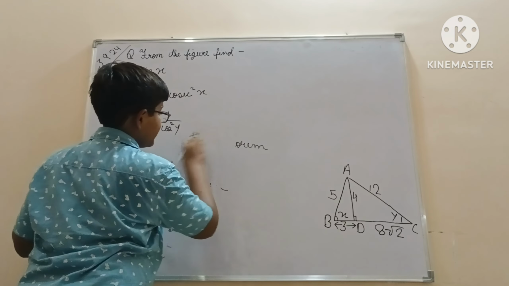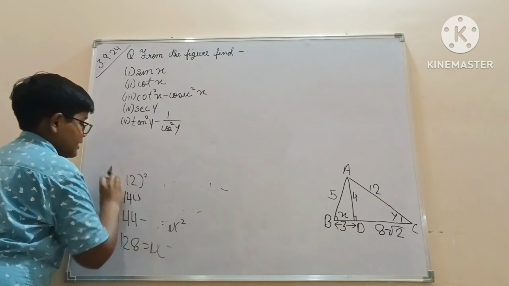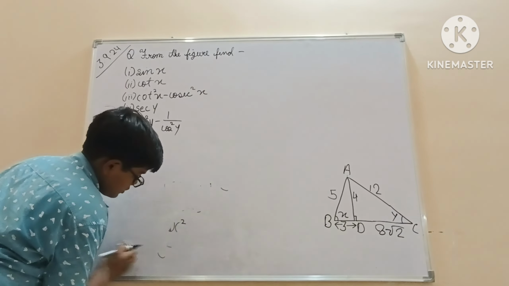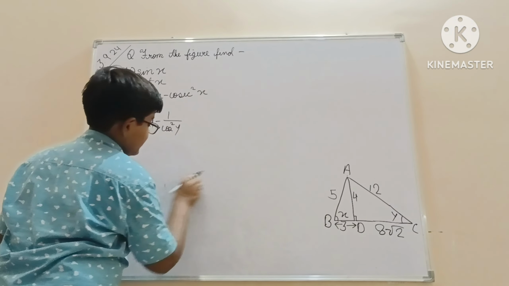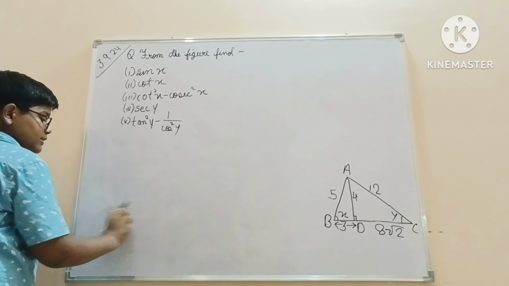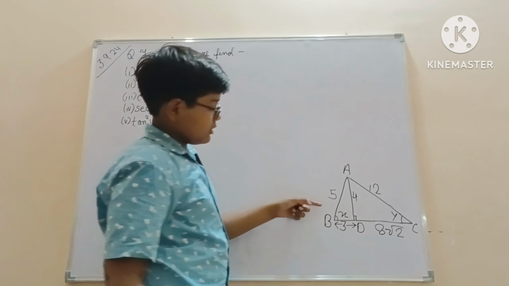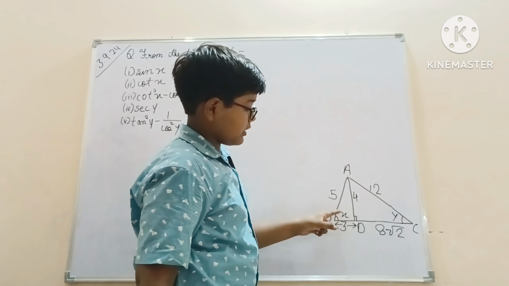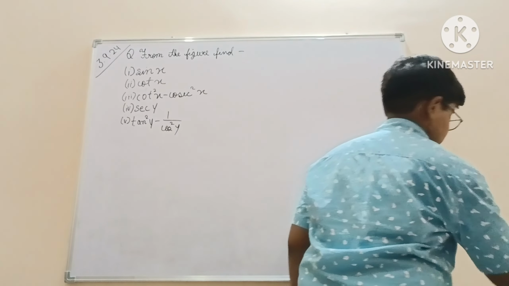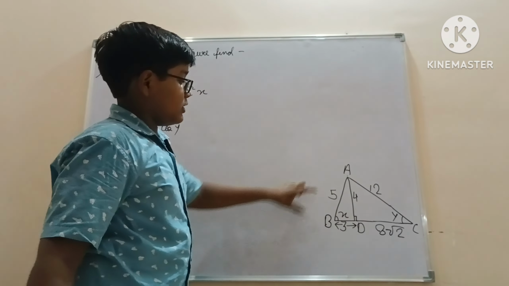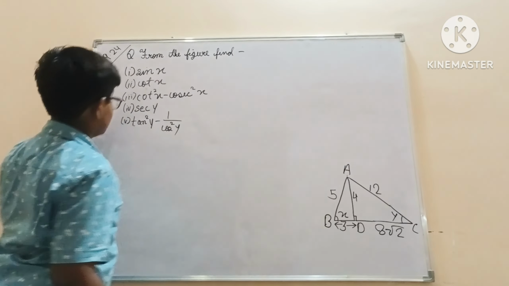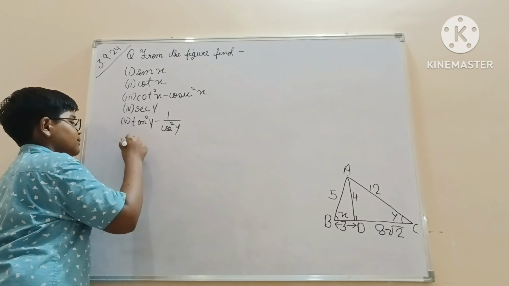So our first trigonometrical ratio is sin x. If x is written in front of the trigonometrical ratio, we will consider this triangle where the acute angle is x. So this triangle will be considered for sin x.